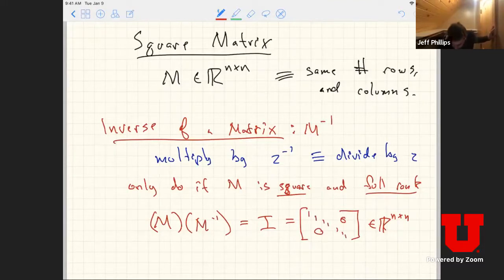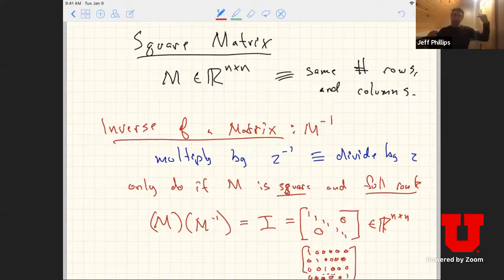So the first row looks like 1 0 0 0 0, the next row is 0 1 0 0 0, then 0 0 1, and it just keeps going down till at the end you have 0 0 0 0 0 1. It's a very special structure.